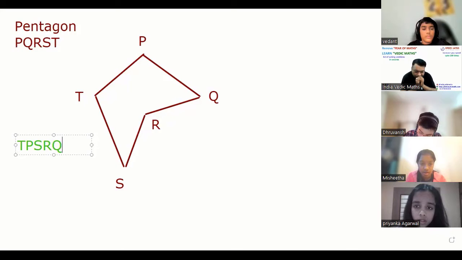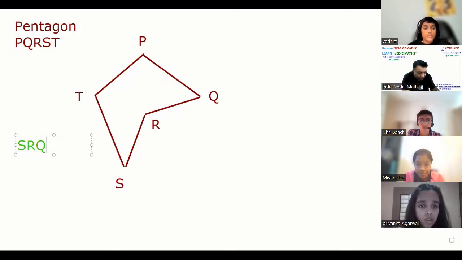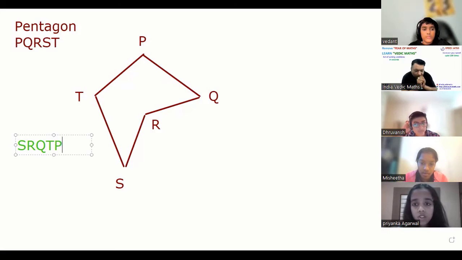Why wrong? Sir, it's not in a clockwise or anti-clockwise cycle. Correct. Priyanka, can I write this SRQTP or not? No, sir. Why? Sir, because it is not clockwise or anti-clockwise. Correct. Kanak, can I write like this or not?